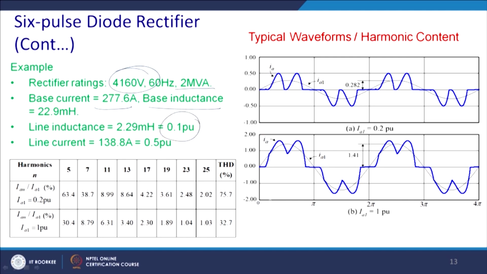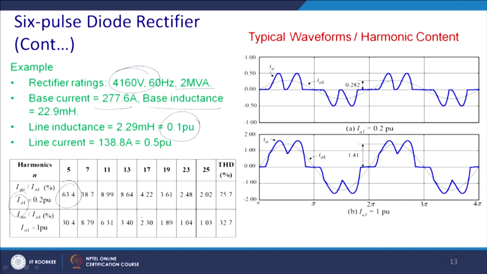So, this is the line current profile, and ultimately this is the fundamental of this current, and you can see this is the I1 when the per unit loading is less. So, you have 63% fifth harmonic, and it is also a negative sequence component to some extent. Why?